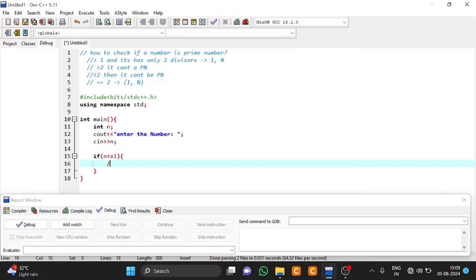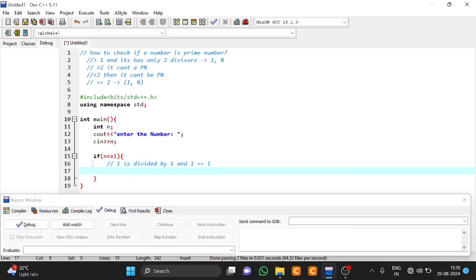Let me explain: 1 is divisible by 1 and the number itself, that is 1 only. So the total divisors is 1. As we discussed, a prime number has only two divisors. Also 0 and negative numbers cannot be prime numbers. So numbers less than or equal to 1 are not prime numbers.